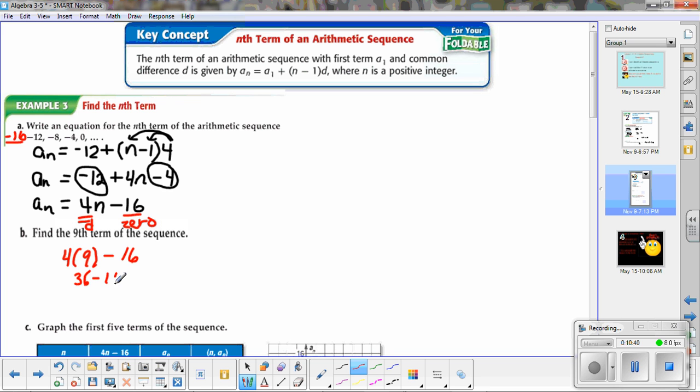And then 36 take away 16 is 20. So a sub 9, or the ninth term, is equal to 20.